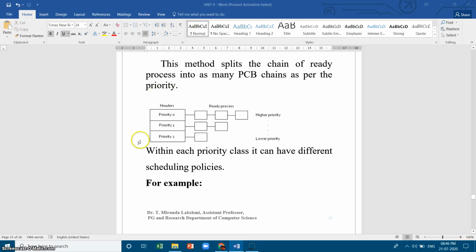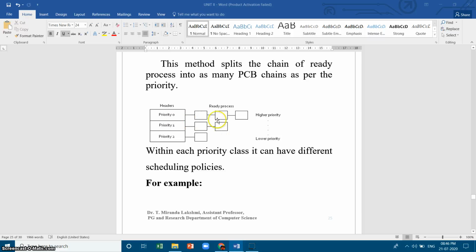What we do in this method is, according to the priority, we split the ready processes. Let us consider P1, P2, P3 hold priority 5, and P4, P5 hold priority 4, and the other holds a lower priority.